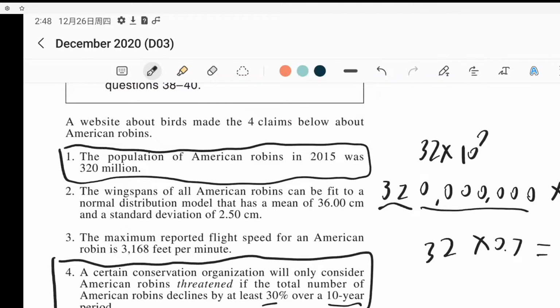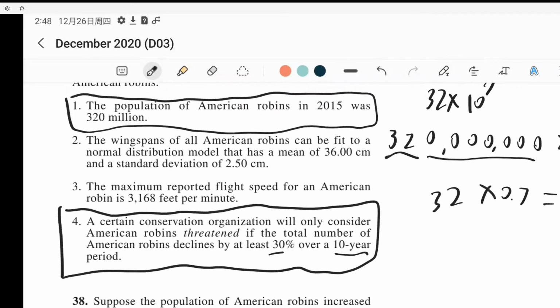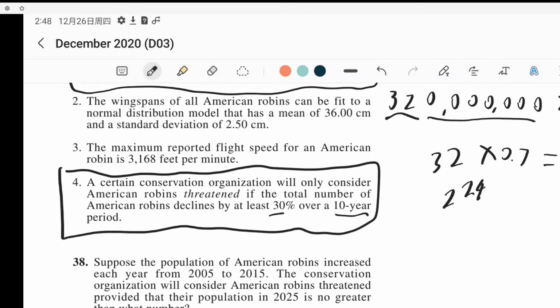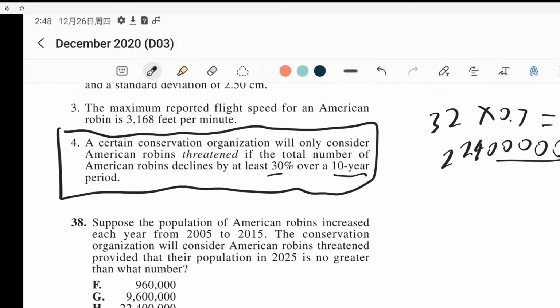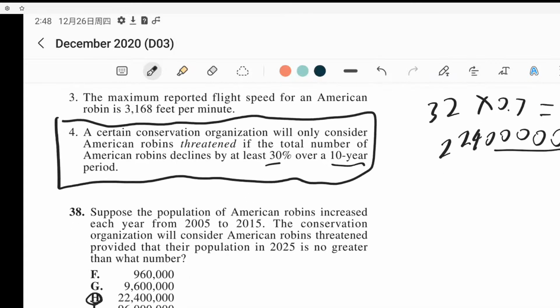So we can multiply this again: 22.4, and then a total of 5 zeros. Compare this. We have H as the answer.